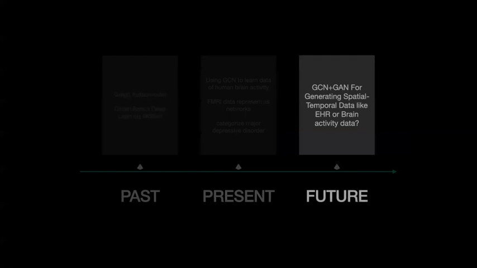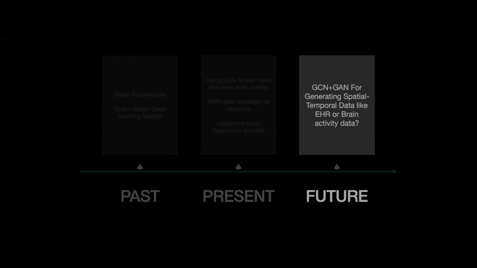So actually recently I'm doing research on generating data. And after reading about GCN, I think there might be potential in the future to use GCN with some generative model, such as the GAN, the Generative Adversarial Network, or normalizing flow to generate synthetic data.